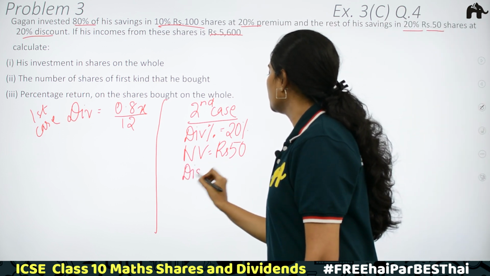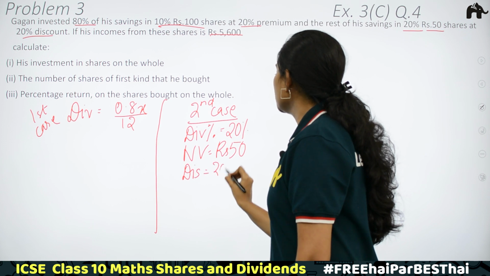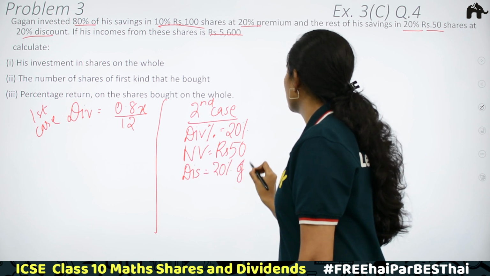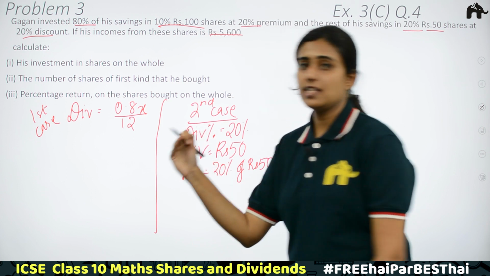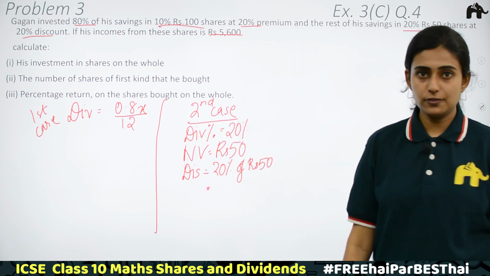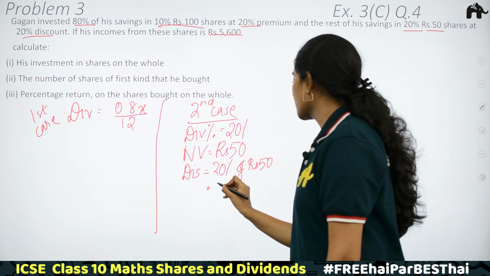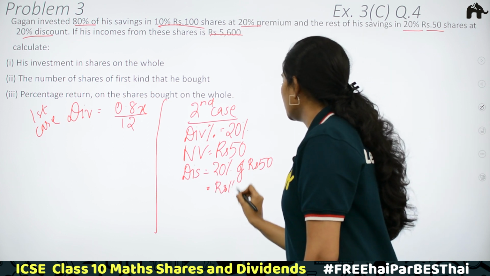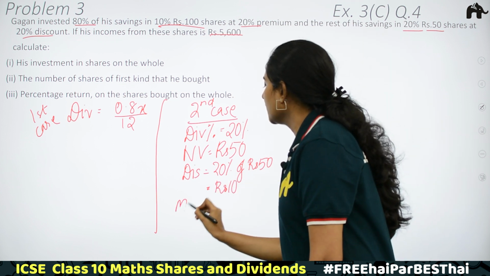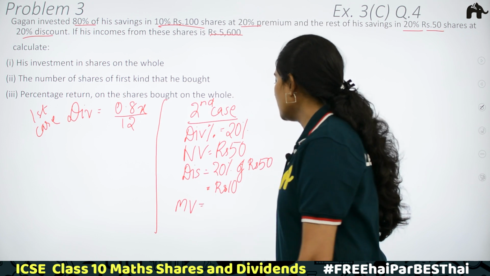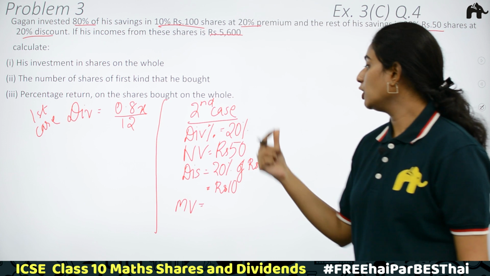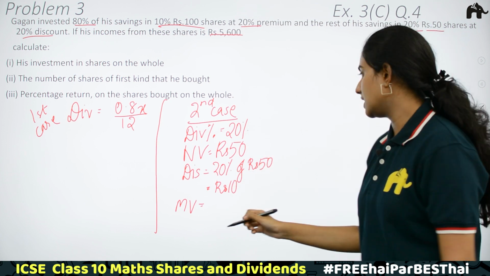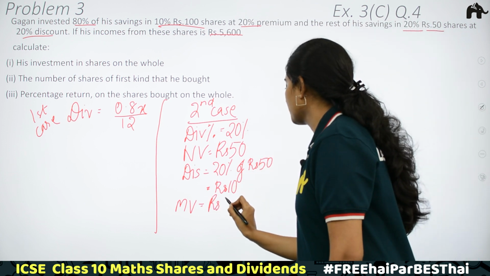Discount is equal to 20% of rupees 50. That is 20 by 100 into 50. You will be getting rupees 10. Then what is the market value? Market value is equal to nominal value minus discount, that is rupees 40.